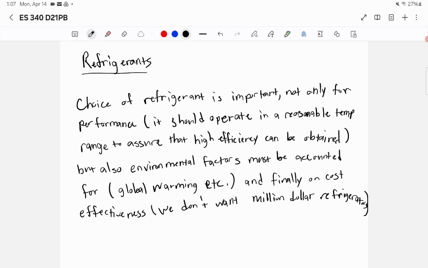But for right now, the most common type of refrigeration system uses a working fluid, and the working fluids are chosen for a variety of reasons, right? Obviously, you don't want them to be corrosive. You want them to operate over a certain range of temperatures and pressures that would be acceptable for the various parts, the compressor and whatnot.